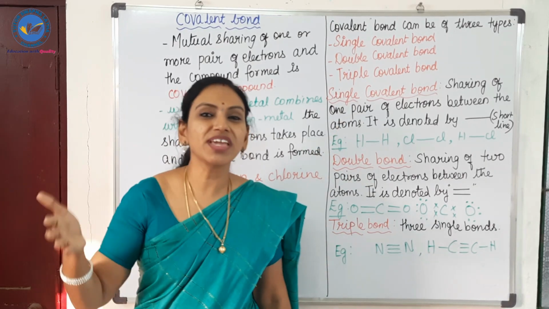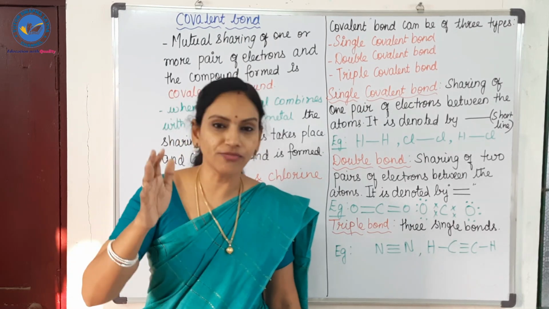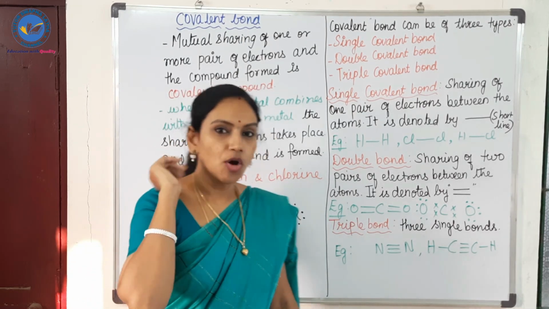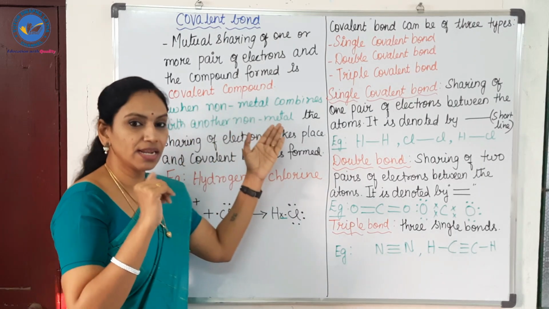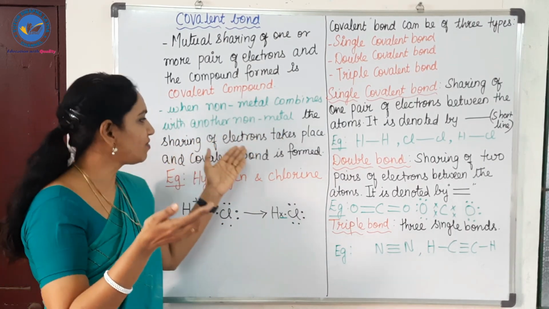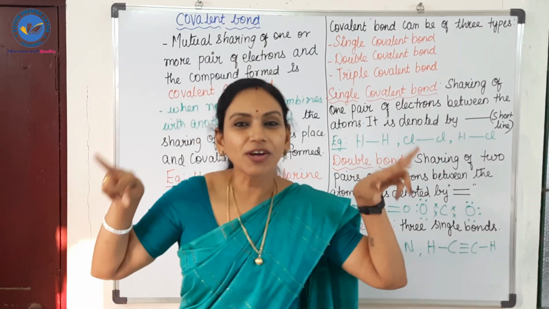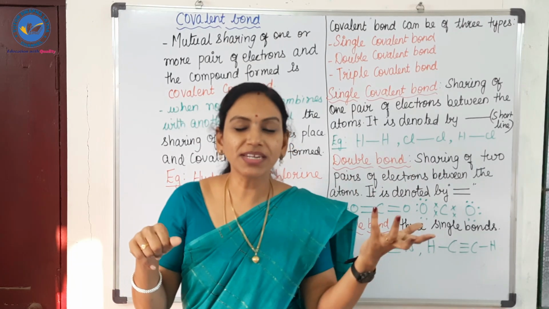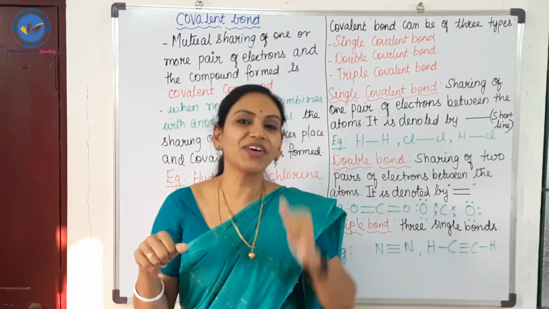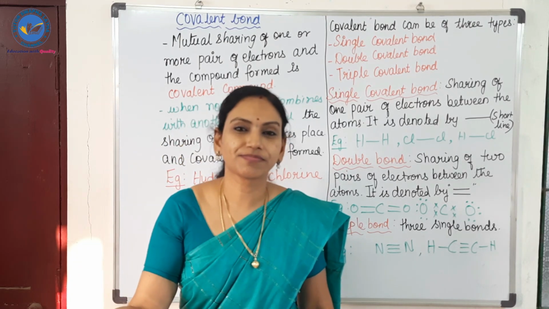And coming to 3A, 4A, 5A, almost the majority of them are non-metals. So when a non-metal combines with another non-metal, sharing of electrons takes place. Both of them are birds of the same feather.